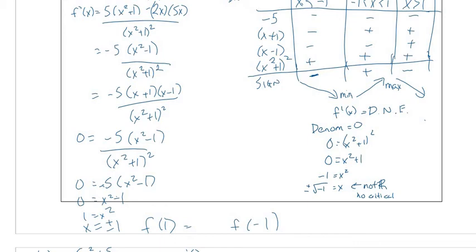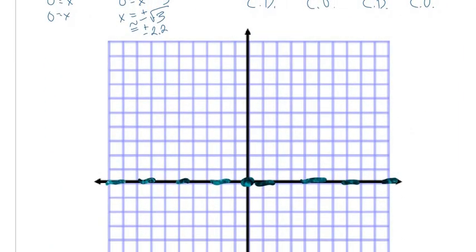Let me just calculate that real quick. So we're going to plug that into the original function. That's going to be 5 over 1 plus 1, which is 5 over 2, or 2.5. And then we're going to have negative 5 over 2, so negative 2.5. So let's plot those points really quick.